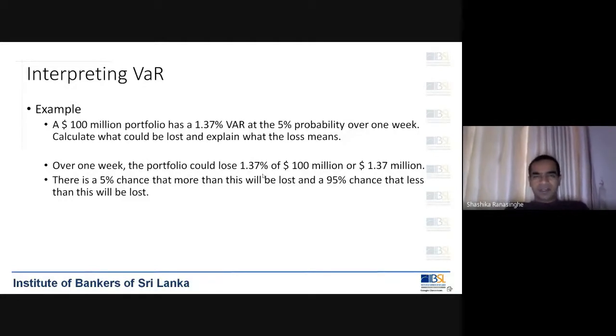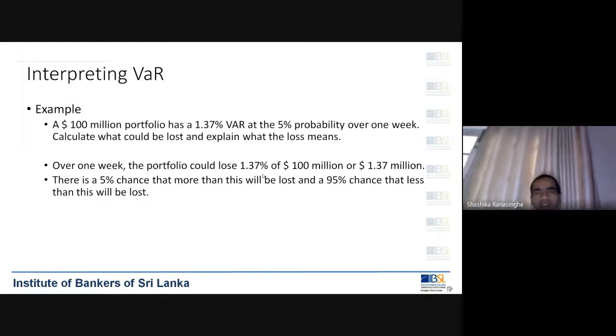First answer is more than 1.37%. Second answer is less than 1.37%. Third answer is it can either be more or less than 1.37%. Fourth answer is unable to determine. What would be your answer? Will it be more than 1.37 or less than 1.37?